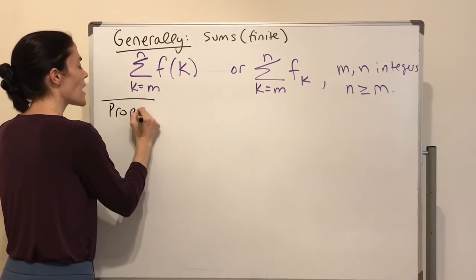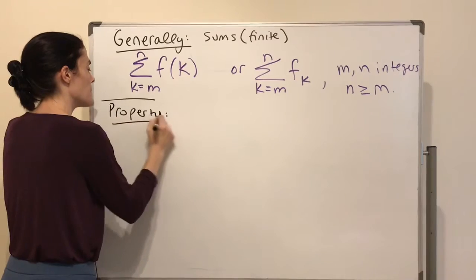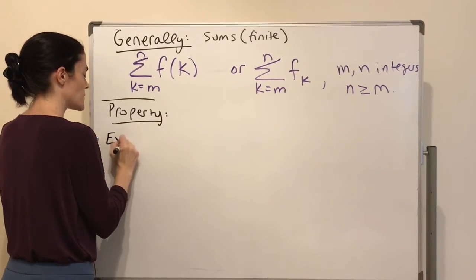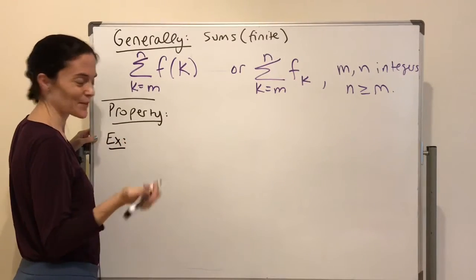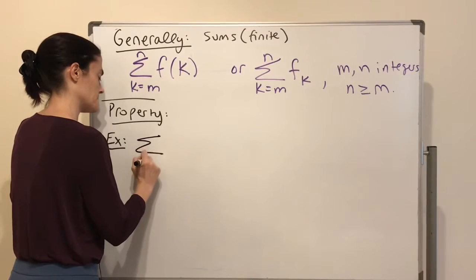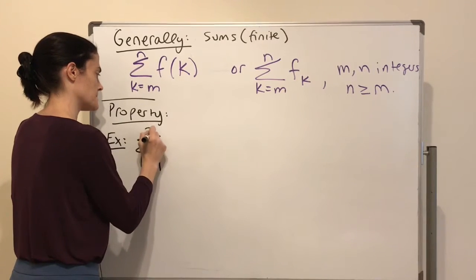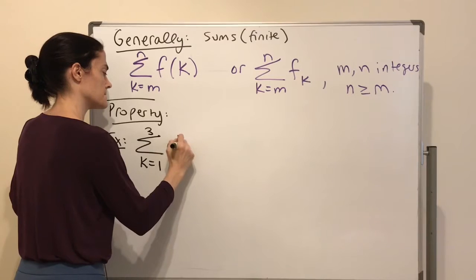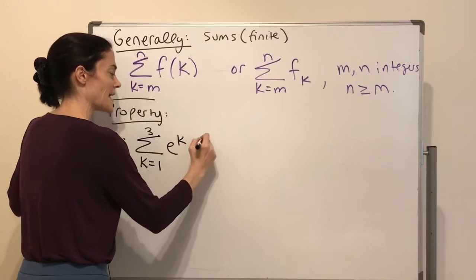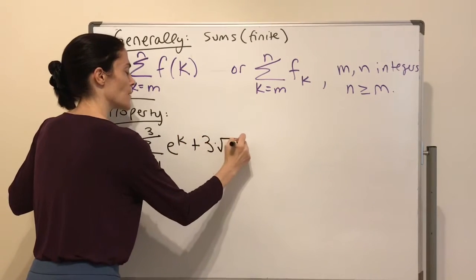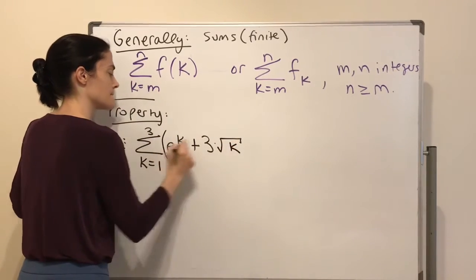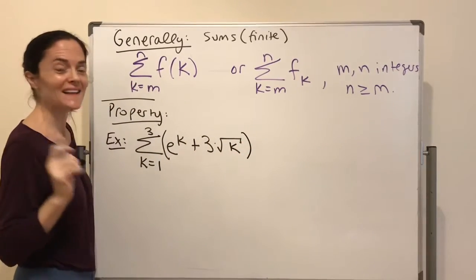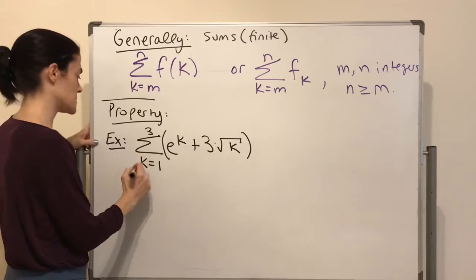So an important property, maybe before I mention it, let's see the property in an example. Consider the sum of e to the k plus 3 times the square root of k. Well, let's just start writing out some terms.